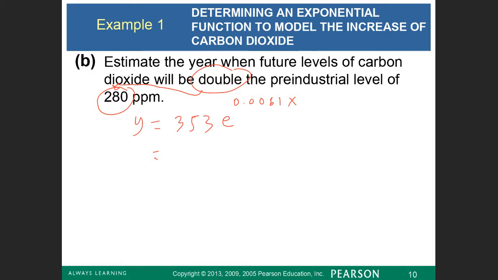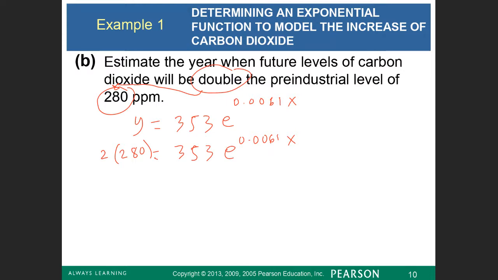So 2 times 280 would be your y, because of the word double. That would be our y equals 353 e power of 0.0061 x.